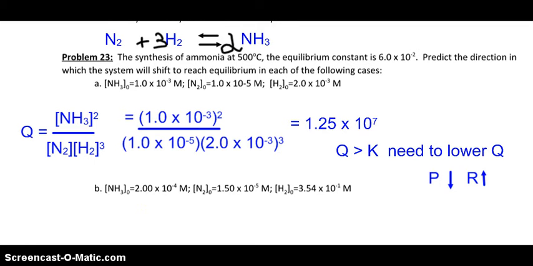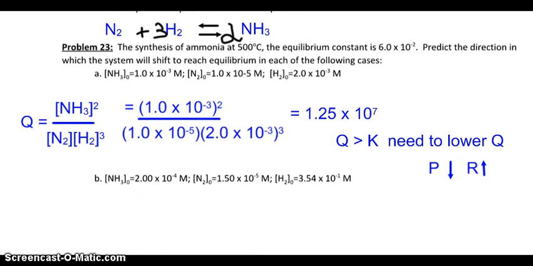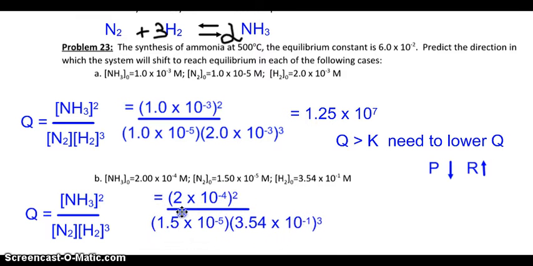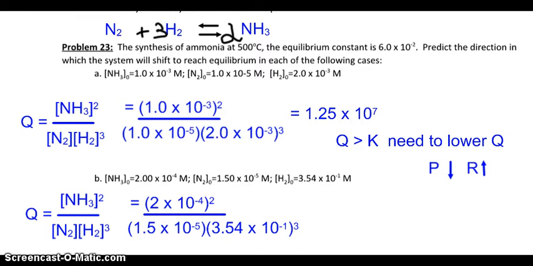All right, for part B, hang on a second. Sorry about that. I wanted to scroll it down to give myself a little more room here. We're dealing with the same equation again. So we still have to square ammonia, cube hydrogen. And this time we're going to plug in some different numbers. So we have some different concentrations. And so here are those values. Why don't you pause this for a second and come up with your own math.